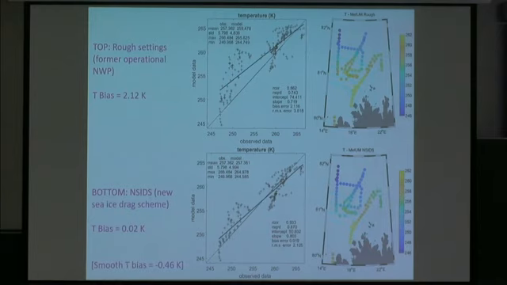So that's remarkable, isn't it? And we didn't fiddle this, honest. So much improvement in terms of the atmospheric representation of near-surface air temperature. If you use the smooth scheme, then you get a bias of minus 0.46 Kelvin.